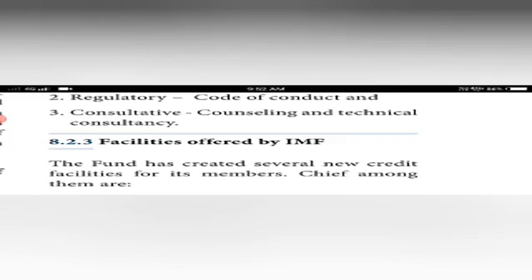Whenever the member countries feel bad, the IMF gives counseling to the country and technical empowering. Understood? Today we completed the 11th chapter, and also we started the 8th chapter, International Economic Organization.